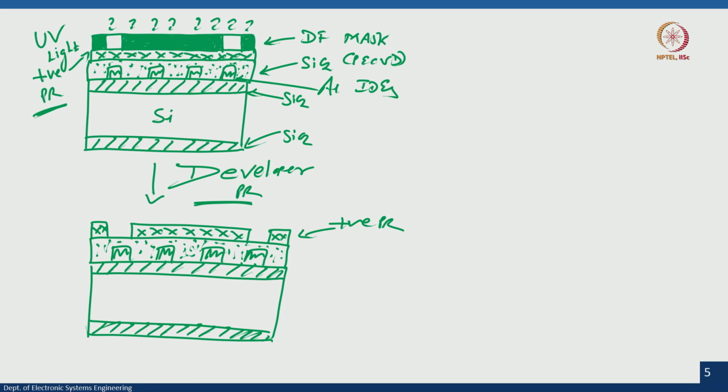After hard bake, if I dip this wafer in buffer hydrofluoric acid, BHF. BHF is the silicon dioxide etchant. If I dip this wafer in BHF, what will happen?